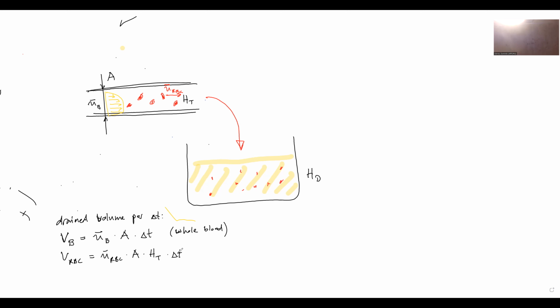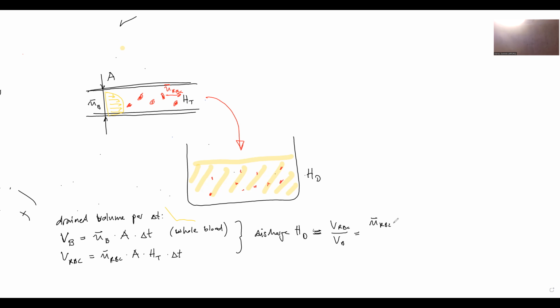Good. So we have two volumes drained into the bucket, and whatever we have in the bucket will then be the volume of whole blood and the volume of RBCs. So therefore, the discharge hematocrit HD, sorry, it should be an equal sign, HD is the volume of red blood cells divided by the volume of blood. So we divide the two formulas with each other.